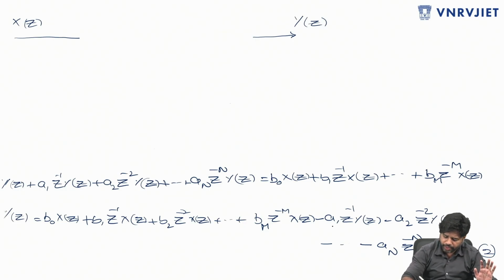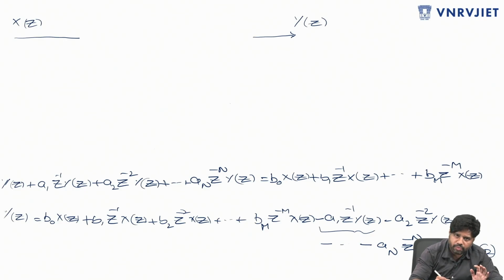So first if you take this term minus a1 z power minus 1 y of z. So y of z signal is there, and z power minus 1 unit delay element is there, and minus a1 constant multiplier is there. So first we consider these terms and we will construct the partial block. Similarly we follow the same procedure for constructing the remaining blocks also.